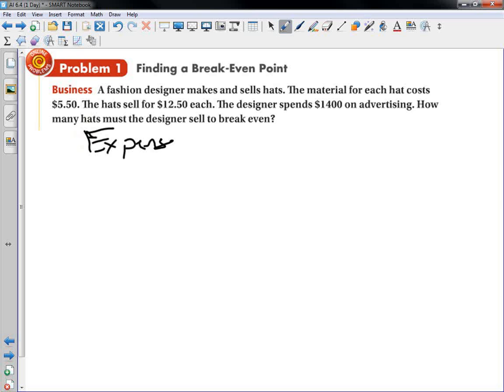One's going to be called the expense equation. One's going to be the profit. So let's start with the expense one. So the money, Y, expenses, maybe we'll write that up here. So Y is going to be our money, X can be what we sell, hats, right?